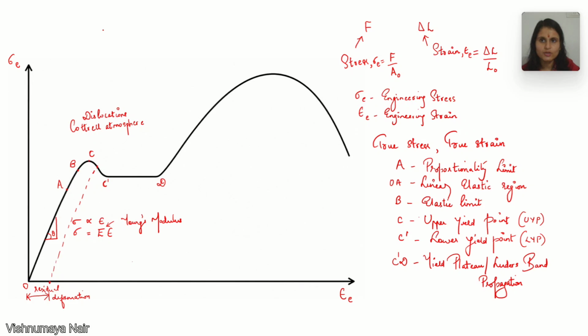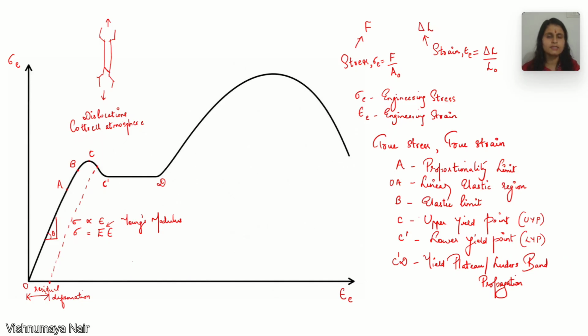So in the yield plateau, the plastic deformation is getting propagated through the entire gauge length. The bands start to develop. These bands can be thought of as regions where the material has already yielded. These bands develop at approximately 45 degrees to the stretching direction.